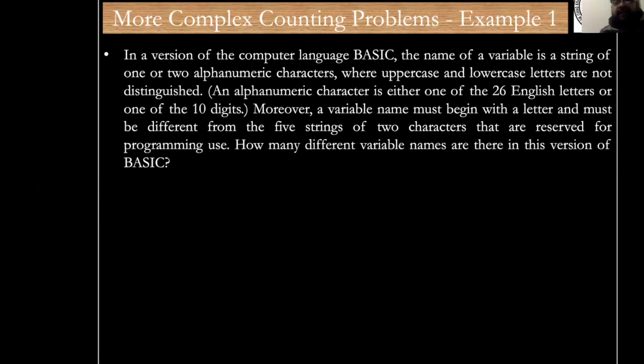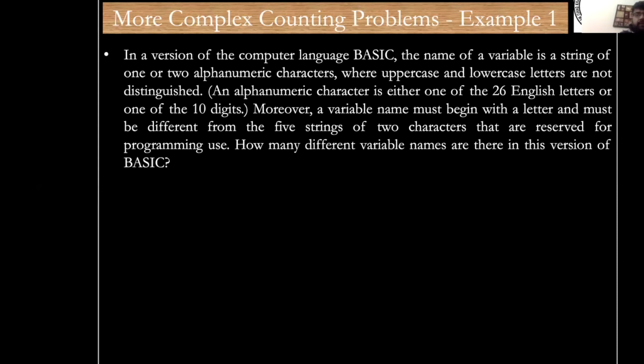If it's of length 1 only, then it has got only one character, so it has got 26 options. But it can be either length 1 or 2, which means this is going to be a sum of length 1 and length 2 alphanumeric characters.